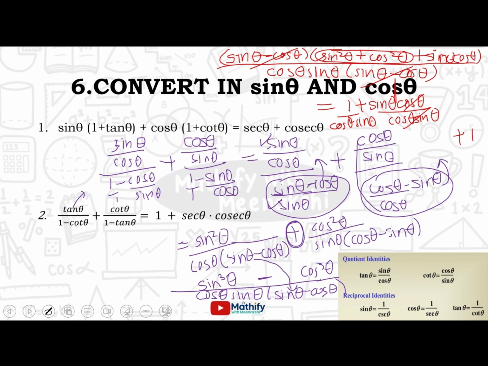And this 1 by cos is sec theta, and 1 by sine is cosec. So hence proved: 1 plus sec plus cosec. I think it's clear to everyone. Okay, let's move to the next question.